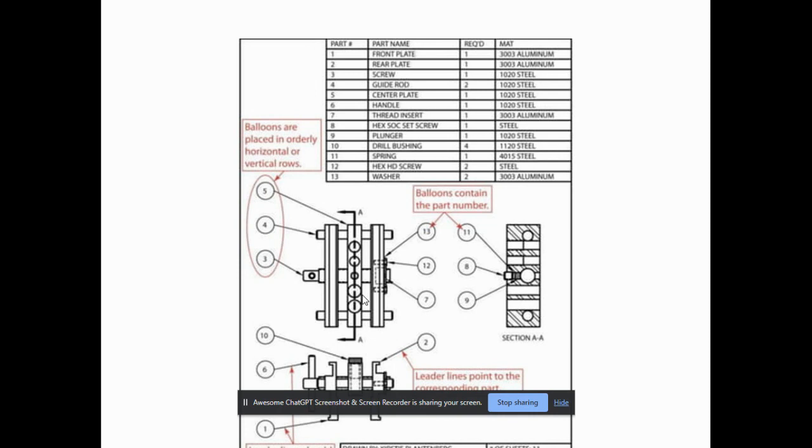If you look at the balloons, the numbers are contained in the circles, and they are mostly close together, either in a horizontal manner or in a vertical manner. So pay attention to the orientation you want to use, either vertical or horizontal.